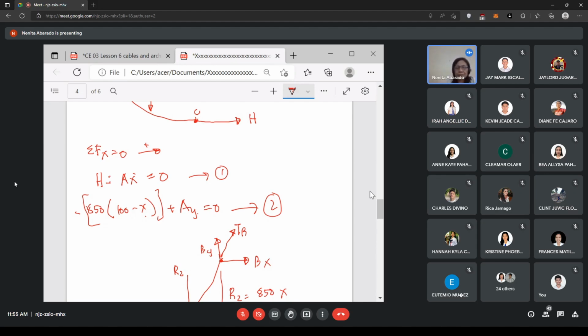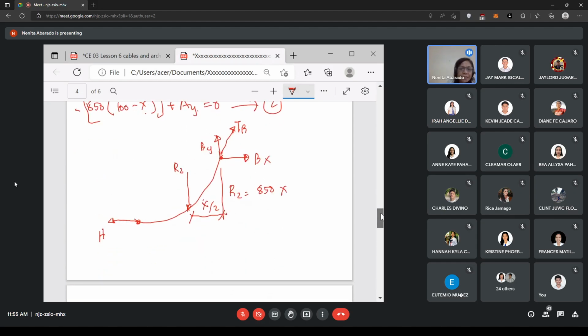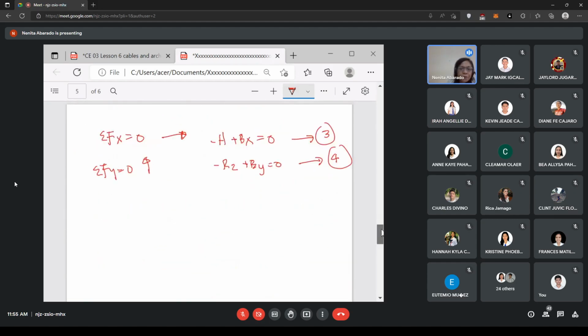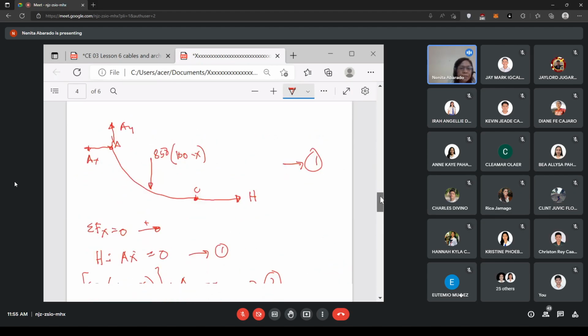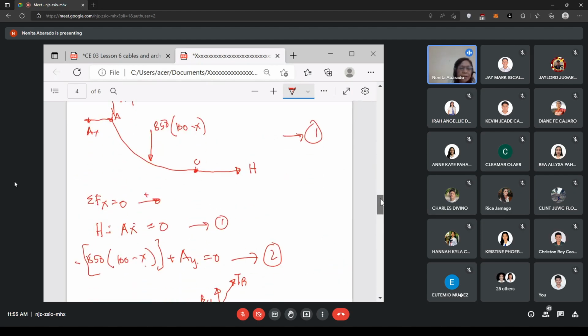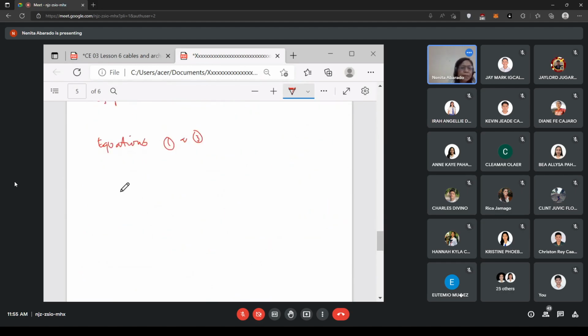Okay, class. So let us now have the equations. Let's say equations 1 and 3. What are equations 1 and 3? Equation 1 is H minus AX equals 0.